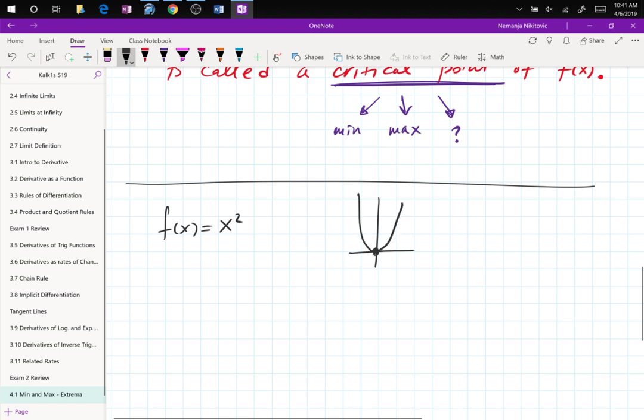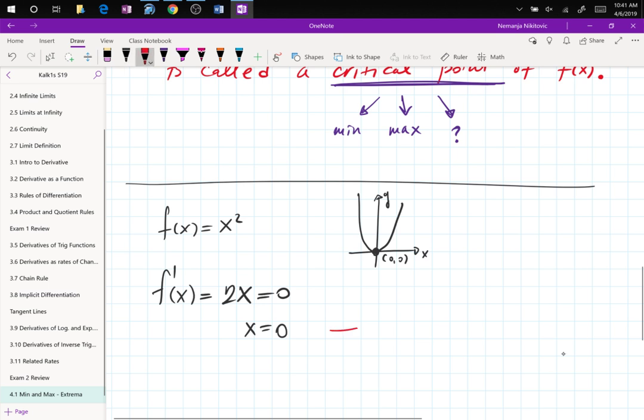You know it has a global min at 0, 0, and you're just done. But let's use calculus to verify this result. So the critical point is found when we take the derivative and set it equal to 0. The derivative of x squared is 2x, and we set it equal to 0, divide both sides by 2, and we get that x equals 0.